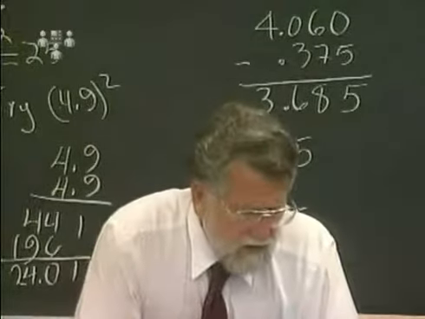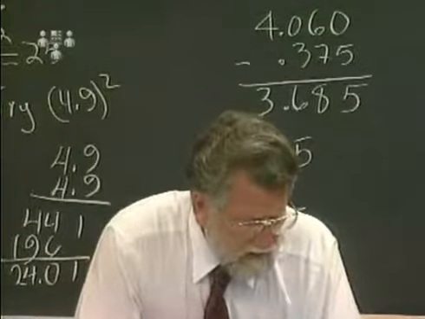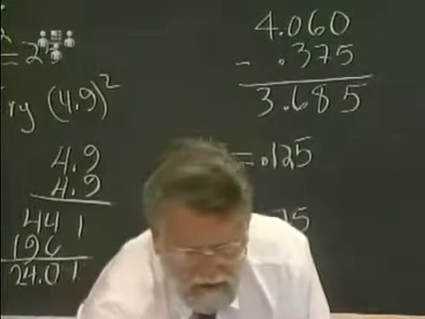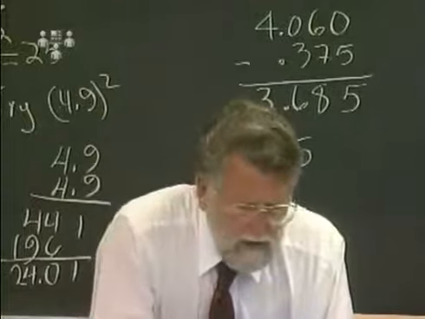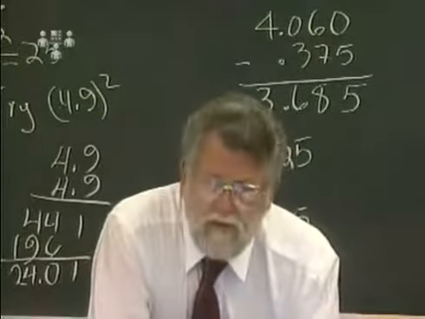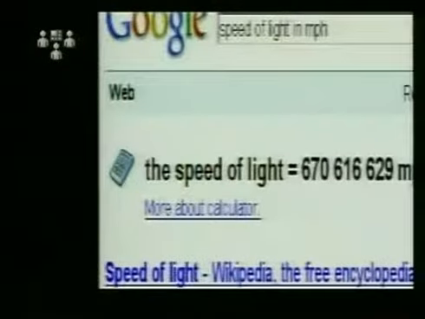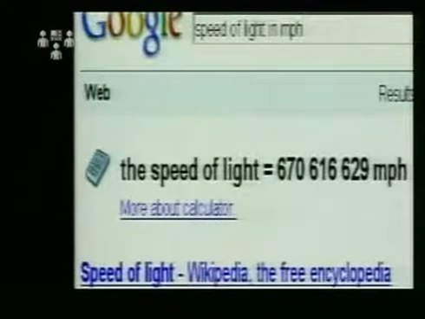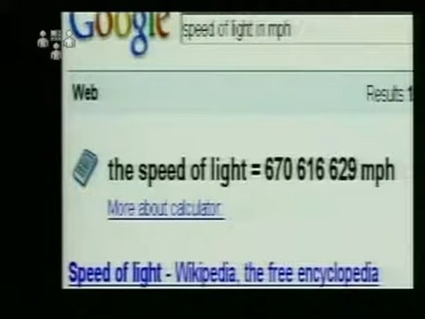Because a figure was given for c, and I'd like to see what it is. And if we look at the speed of light in miles per hour, just to give you some idea rather than feet per second, there is the speed of light in miles per hour.